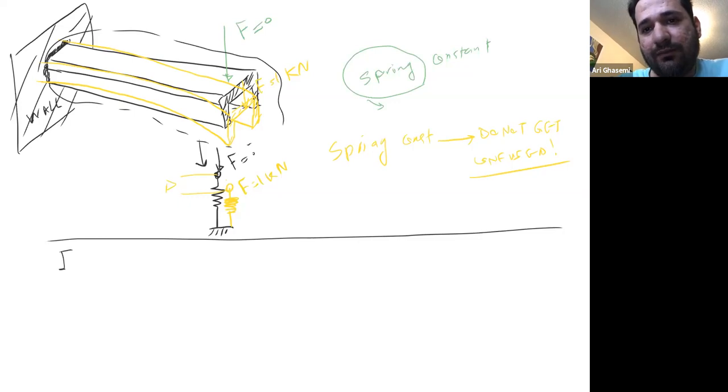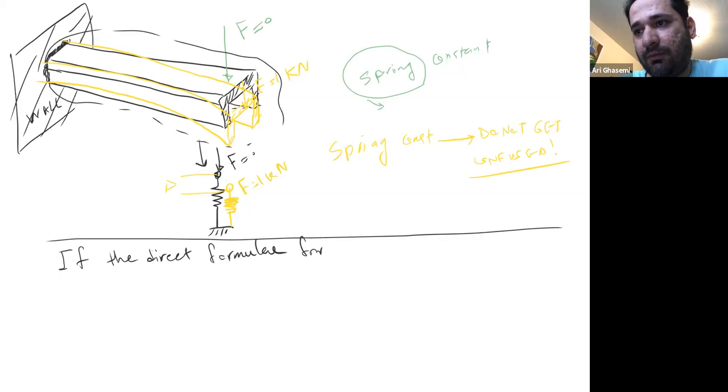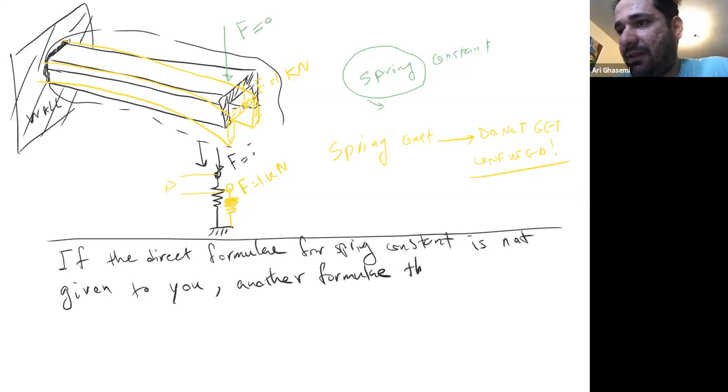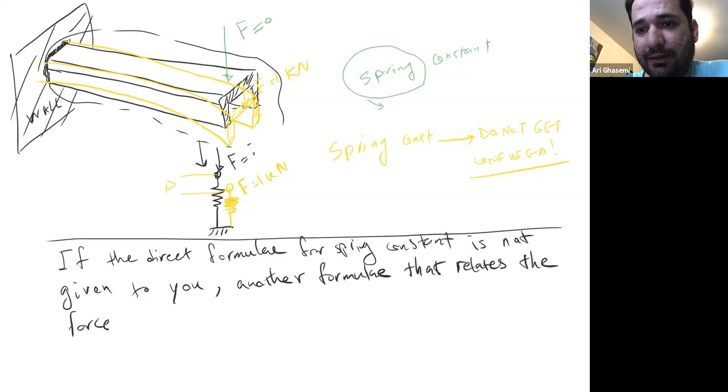If the direct formula for a spring constant is not given to you, sometimes it's given, if it's not given to you, another formula that relates the force and the displacement is given.